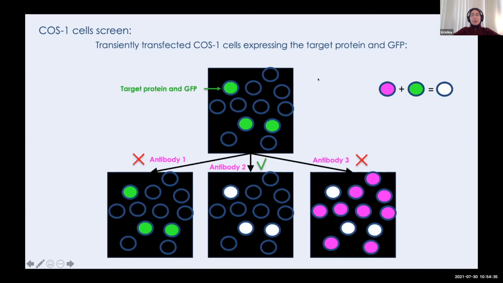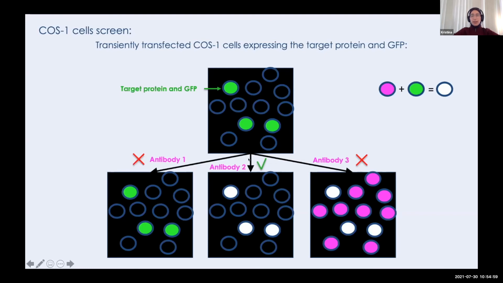And that's where we came up with this transfected COS cell screen, where COS cells were transfected with the target protein for the antibody, and at the same time with GFP. So you end up with cells that are green because they express GFP, but you also know that they express the target protein.